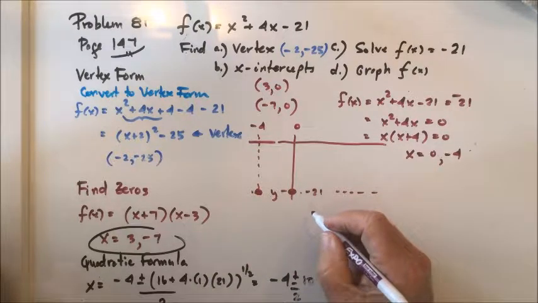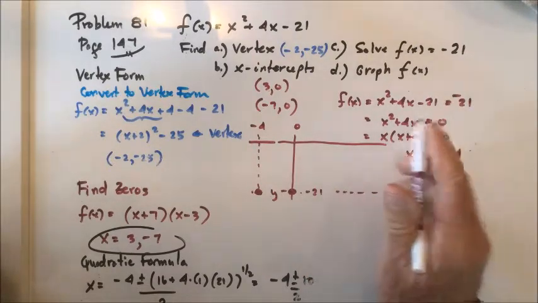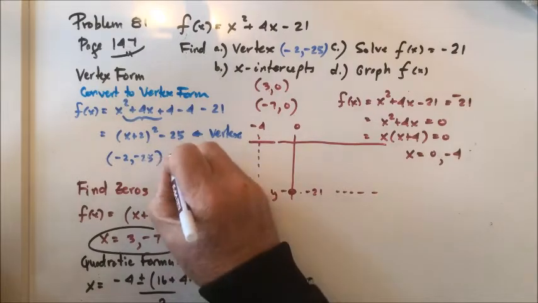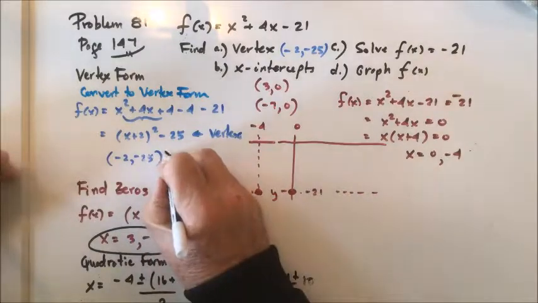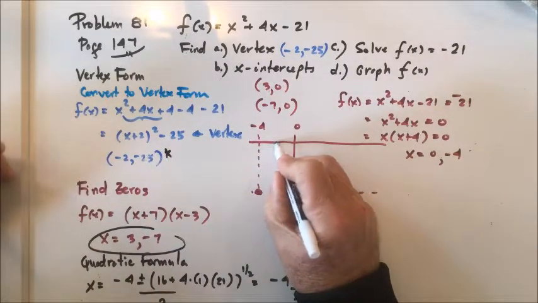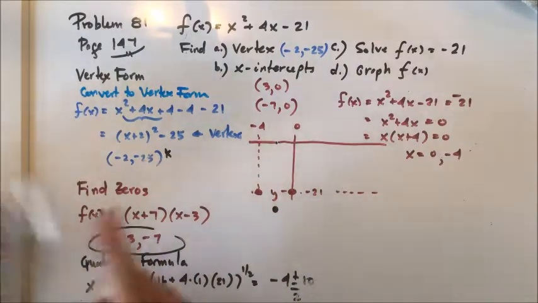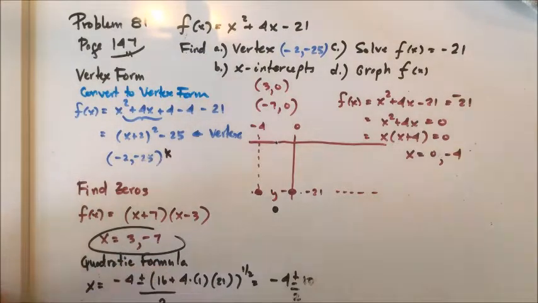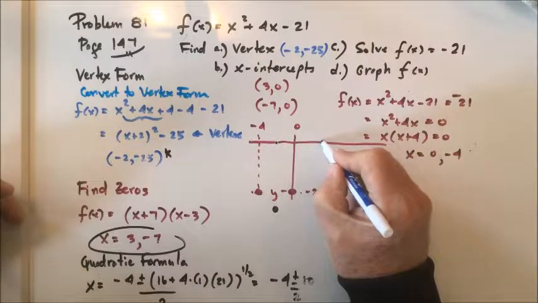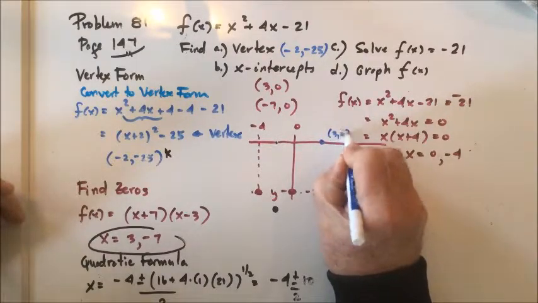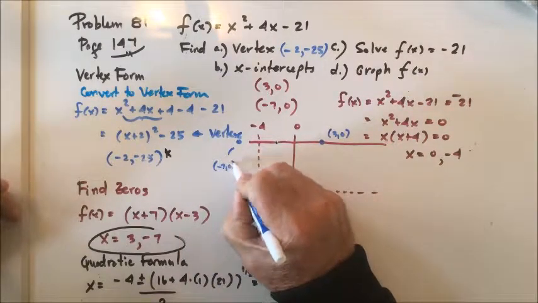And so if I was to go further with this and draw a graph, I've got a couple of different bits of information. I know exactly where the vertex is, right? So let's color code this stuff. The vertex is at (minus 2, minus 25). I know where the zeros are: (3, 0) and (minus 7, 0).